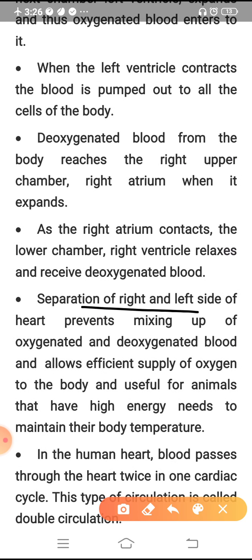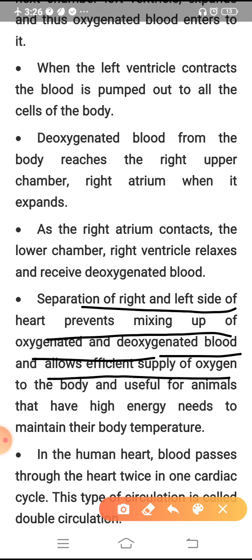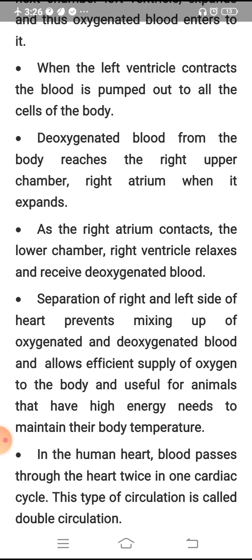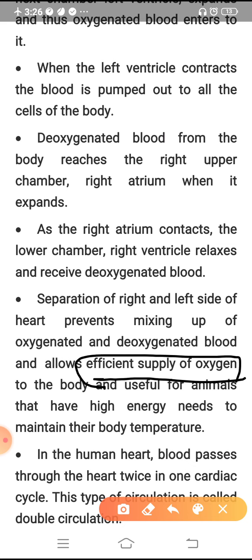So the separation of the right and left sides of the heart prevents mixing of oxygenated and deoxygenated blood, and it also allows the efficient supply of oxygen. Very important. Why is mixing prevented? To allow the efficient supply of oxygen to the body and also to maintain the body temperature.